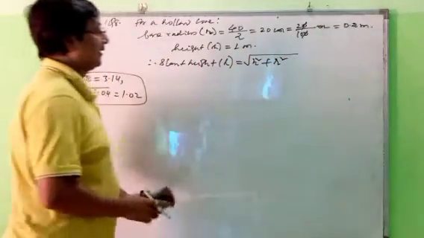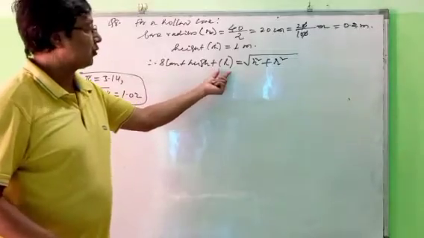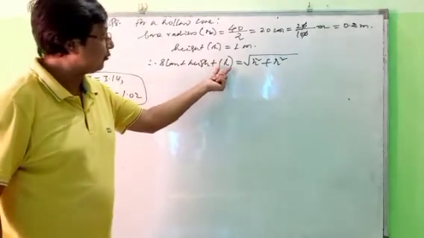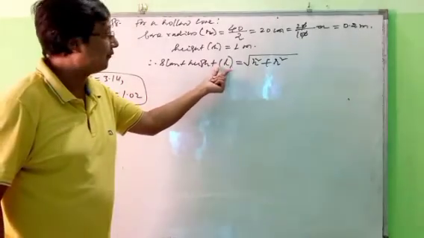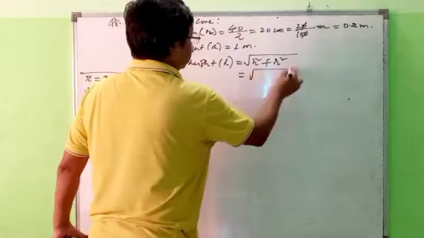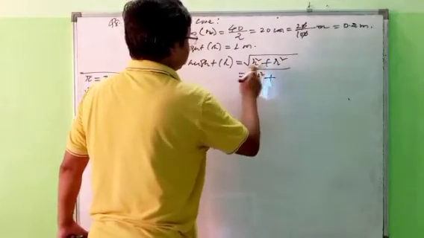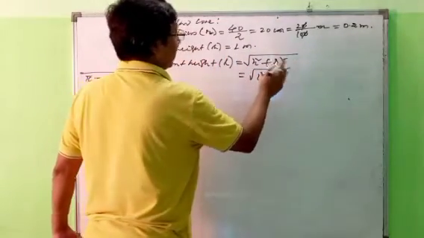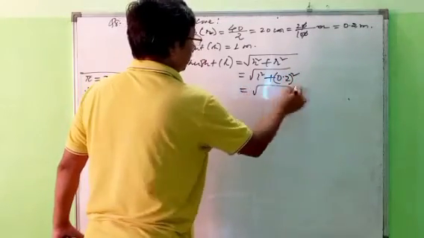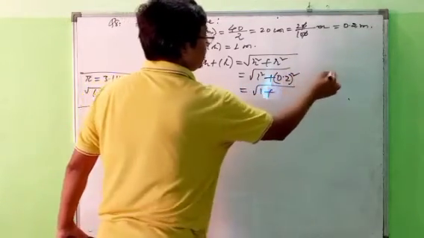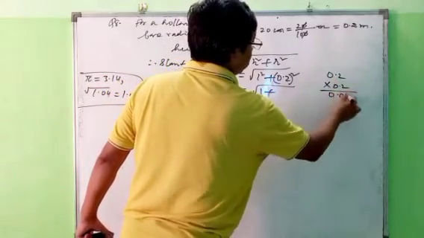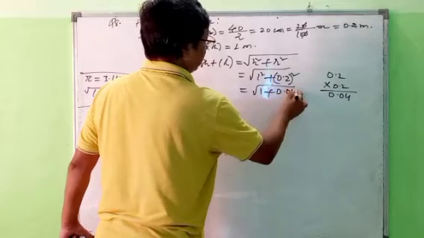This is given by the formula, and you need it in the curved surface part pi r L. So L equals root over 1 squared plus 0.2 whole squared. You get 1 plus 0.2 into 0.2, which is 0.04.